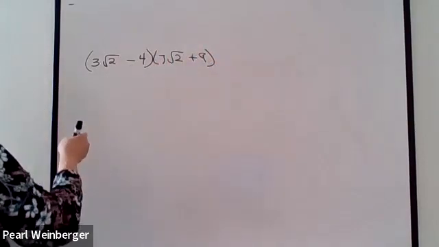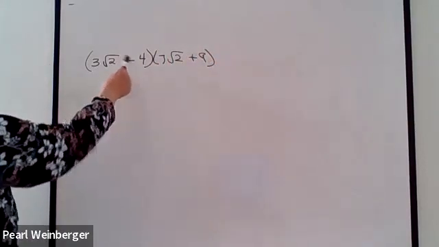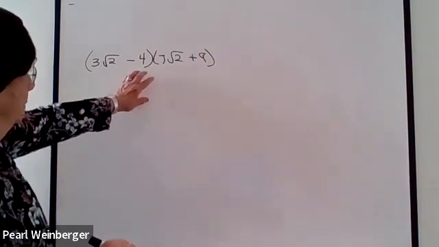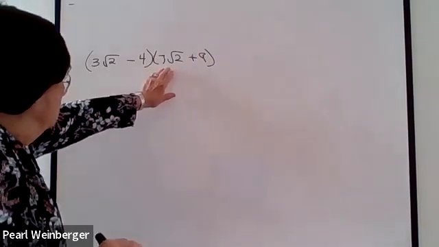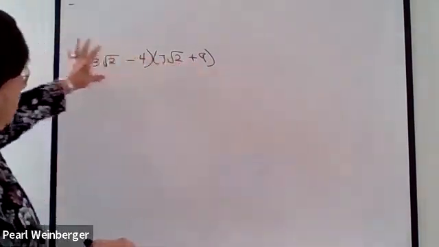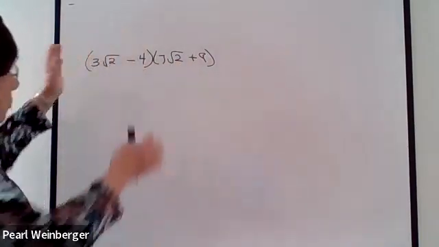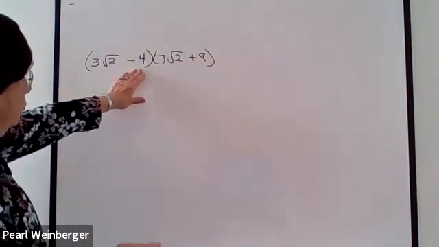I want to multiply 3 radical 2 minus 4, that binomial, by 7 radical 2 plus 9. Now, I cannot combine either of these because these are not like radicals.